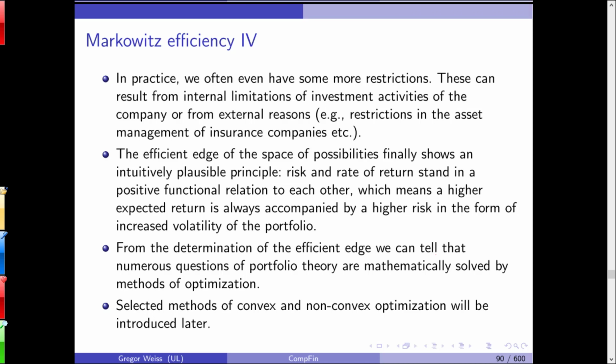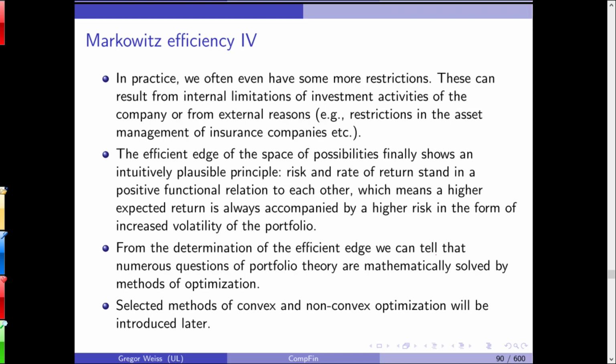I'm not allowed to invest more than, say, 20% in stocks. For some companies, there might be legal and regulatory requirements. As you probably know, insurance companies are not allowed to engage in too heavy risk-taking, so they cannot simply invest 100% in stocks. They should invest a large proportion of their investment sum in risk-free assets or almost risk-free assets. And this makes optimization a little bit more complicated.